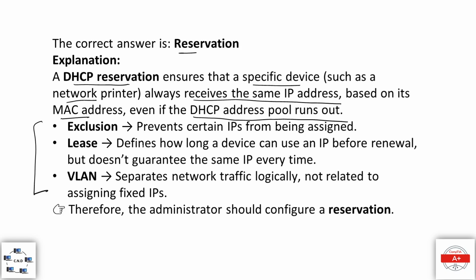Lease defines how long a device can use an IP address before renewal, but does not guarantee the same IP address every time. And VLAN separates network traffic logically, not related to assigning fixed IP addresses. Therefore, the administrator should configure a reservation, which ensures that a specific device always gets the same IP address based on its MAC address.